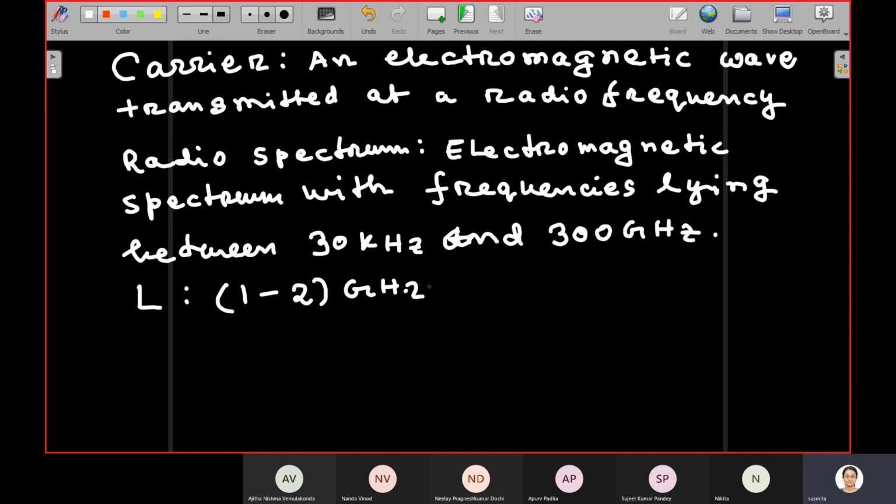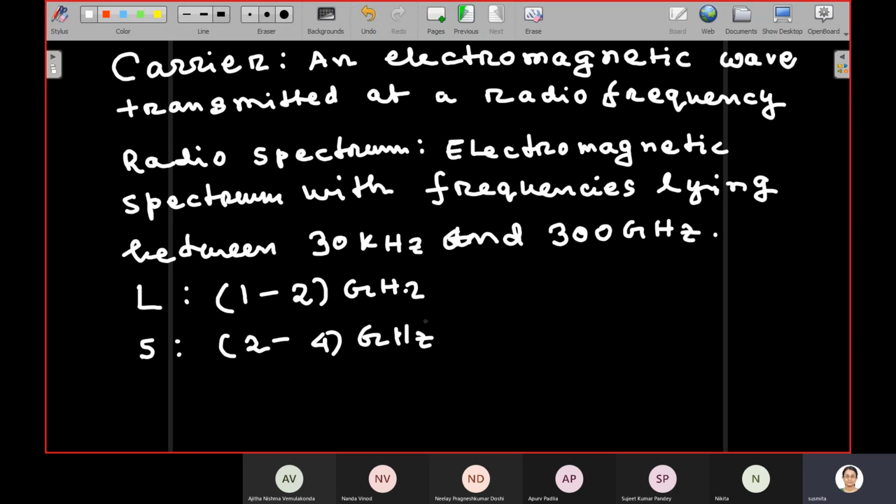IRNSS is the only constellation that has a carrier frequency in the S band also, but the S band has other issues. Okay, so it can interfere with other frequencies. For example, it's close to the Wi-Fi frequency, so there is a possibility of having some problem with the Wi-Fi signal. This is why ISRO has, and a few other reasons are also there.